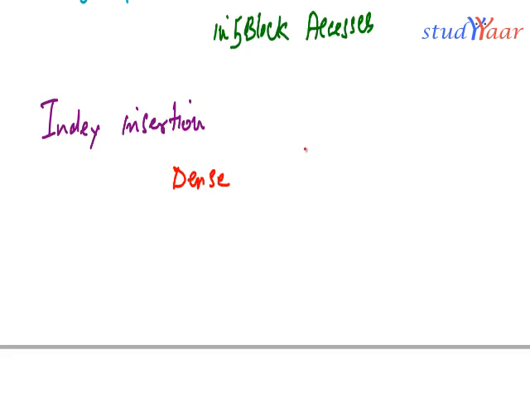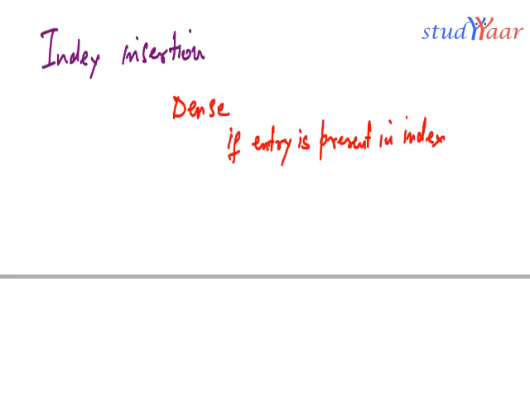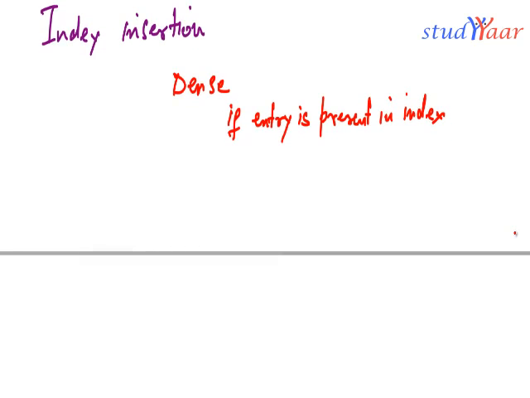A dense index has an entry for every search key value. Let's suppose there are two cases here. If the entry is present in the index, then I would see if I store pointers to all the values.